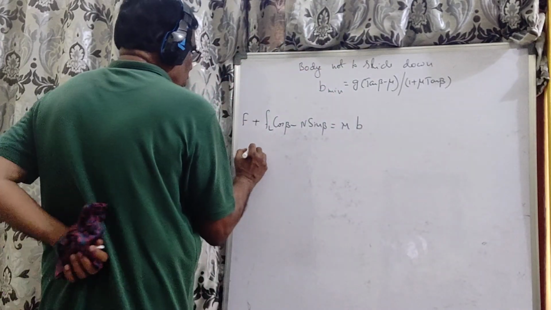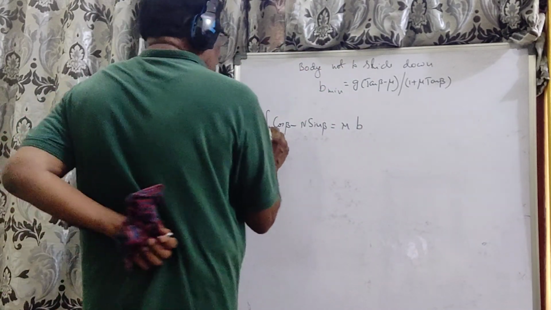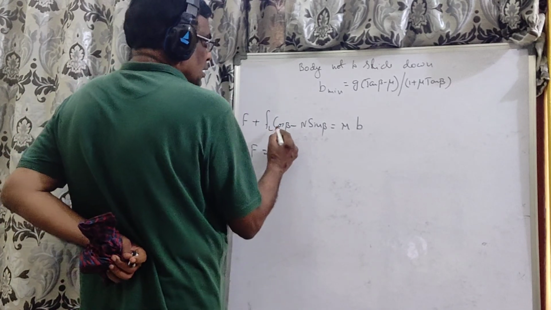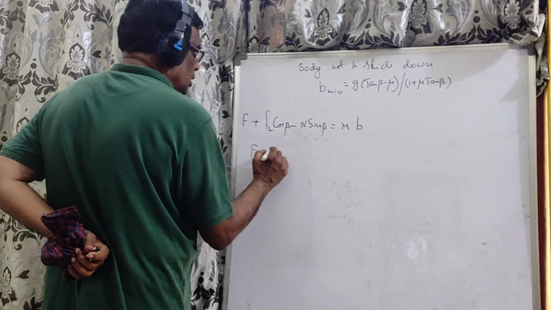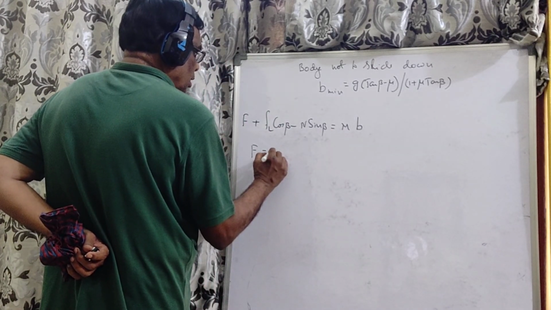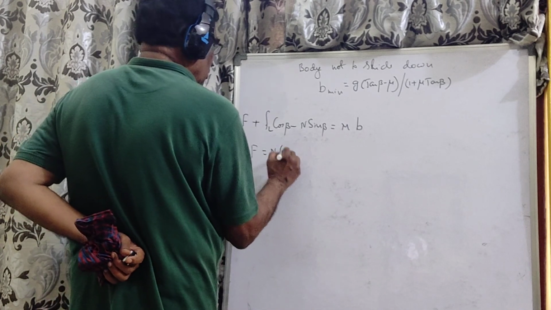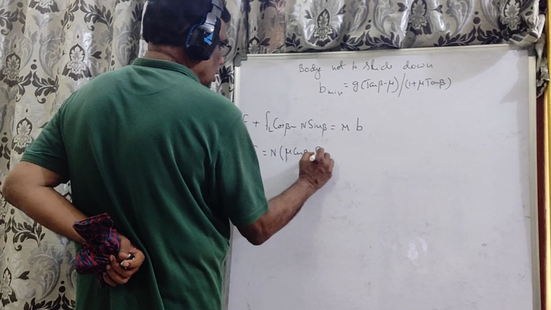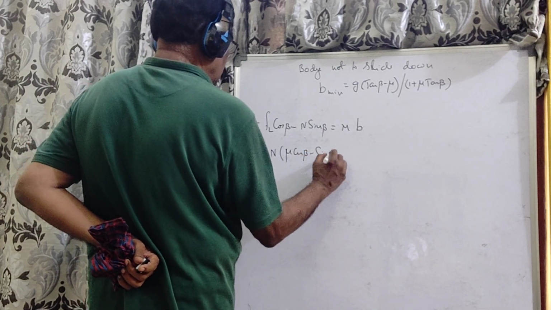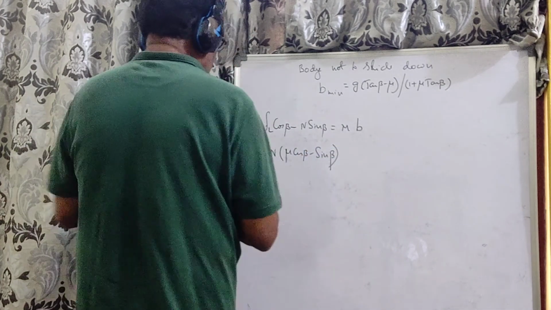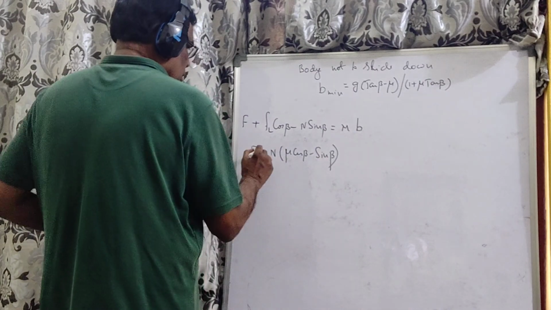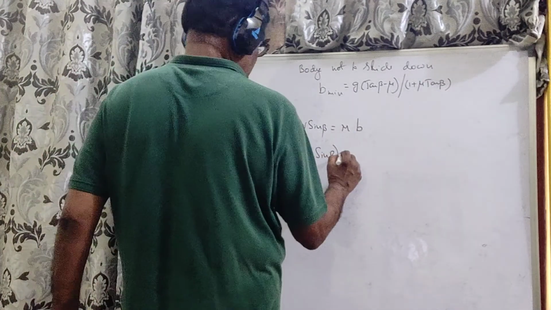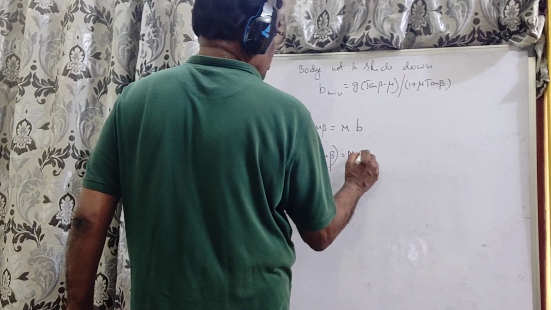What is F, suppose if I am asking you? Now you bring this onto this side. FL is mu N. So N into mu cos beta minus sin beta is equal to mg.